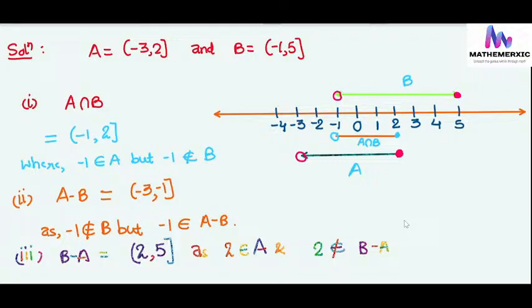So for B minus A, we keep an open bracket at 2 and a close bracket at 5, because 2 belongs to A only.